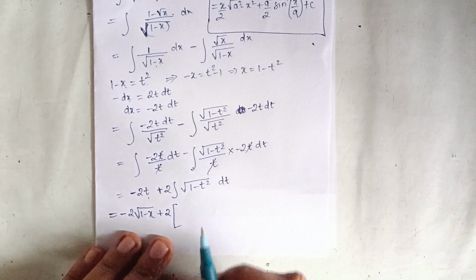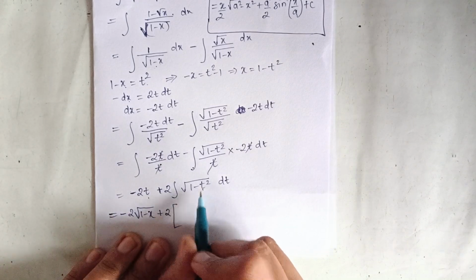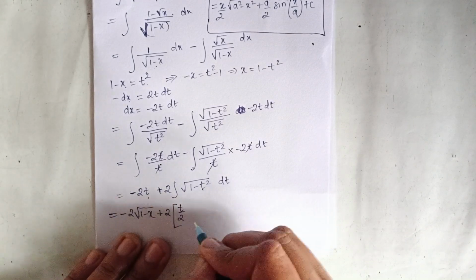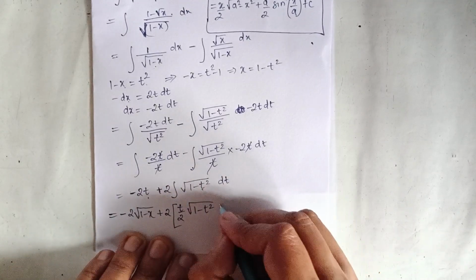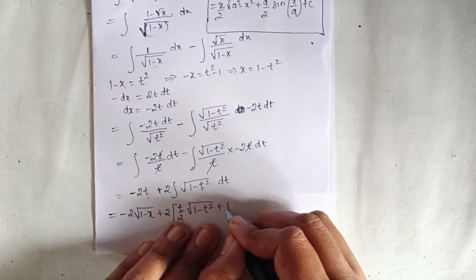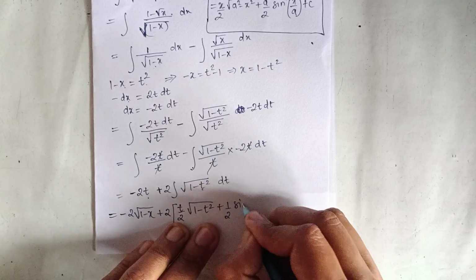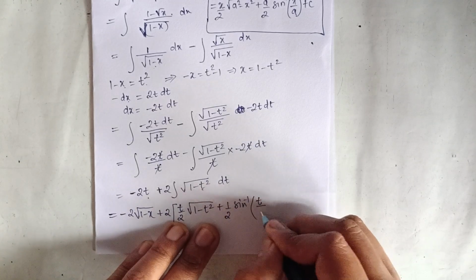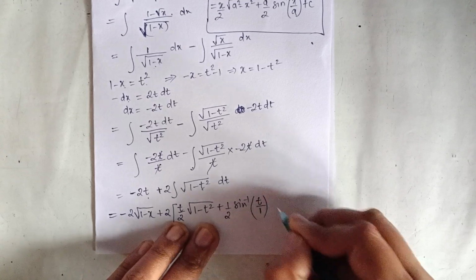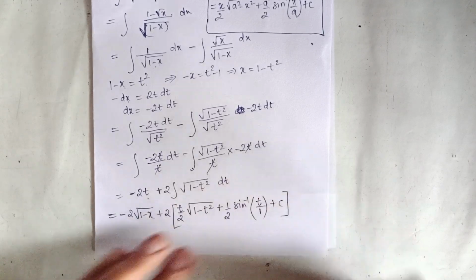So this will be t, plus 1 by 2 sine inverse t by 1, plus c. Okay.